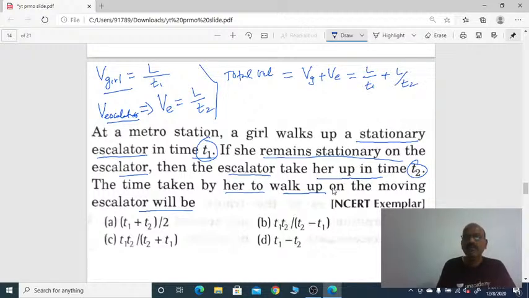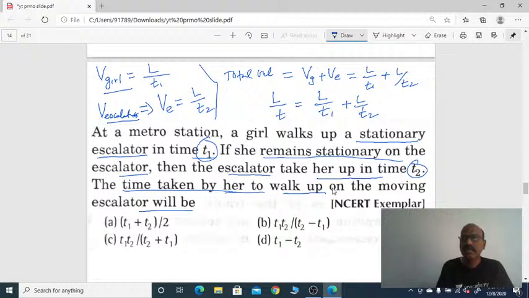If T is the time taken to walk up on the moving escalator, then L by T equals L by T1 plus L by T2.